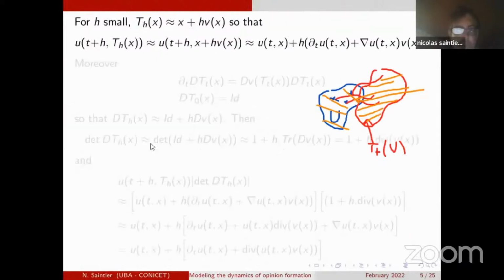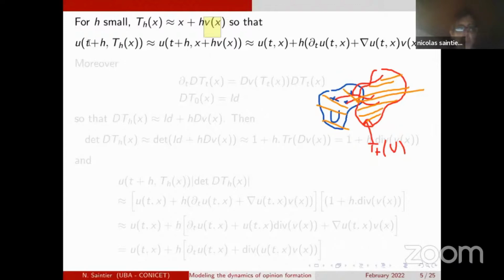And see what happens. Okay, so the first thing is that, for a small h, remember that Φh of x is the trajectory of x. So when I just move a small time from the initial position, I'm at the initial position plus h times my velocity.